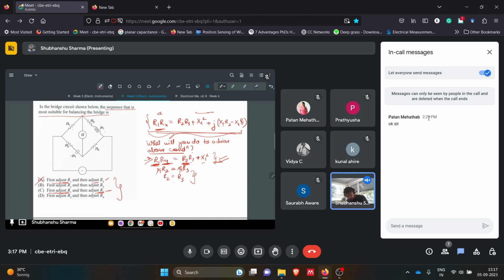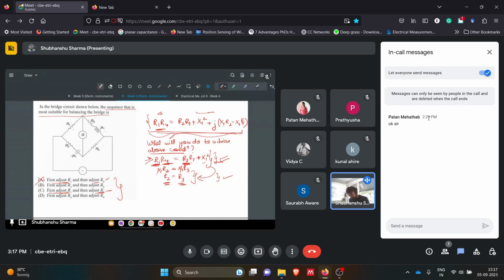What if the R2 we adjusted, according to this equation, does not fit, meaning R3 was not equal to R2? Then again we won't be able to achieve the imaginary part balance condition. Getting it?